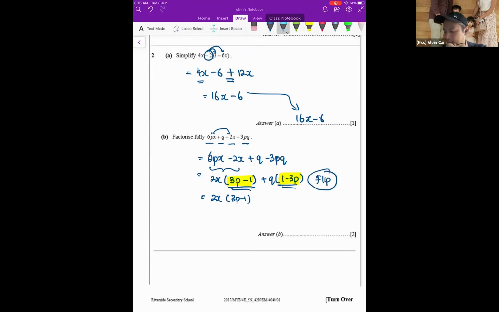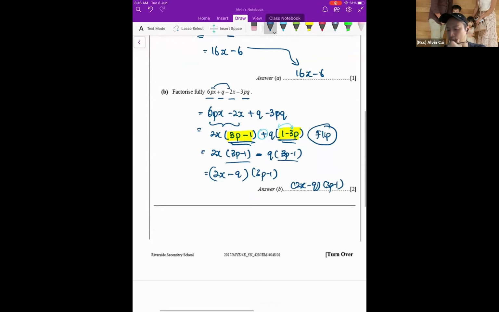So the sign here you have to change. This one becomes minus q, 3p minus 1. Now you can see that the terms are the same. So now you can take out the common factor 3p minus 1. That will be the answer: 2x minus q, 3p minus 1.